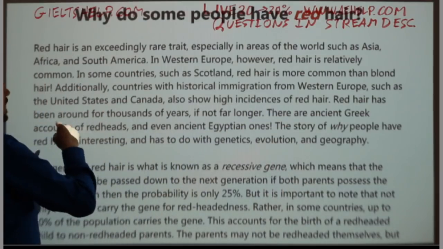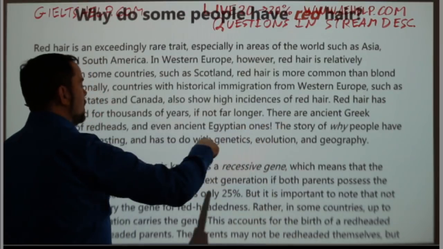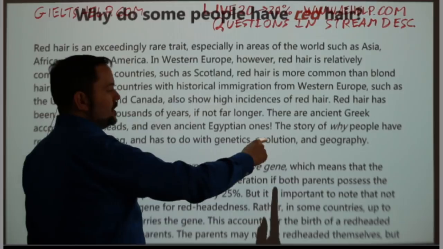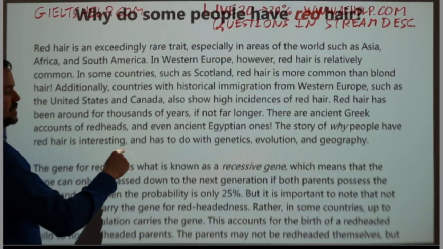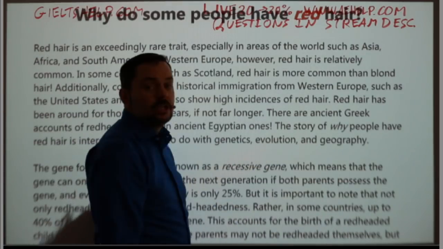Red hair has been around for thousands of years, if not far longer. There are ancient Greek accounts of redheads and even ancient Egyptian ones. The story of why people have red hair is interesting and has to do with genetics, evolution, and geography.